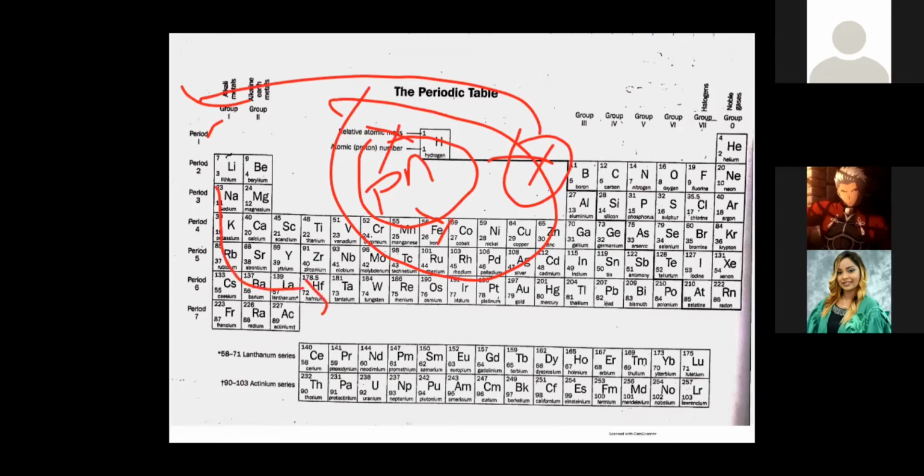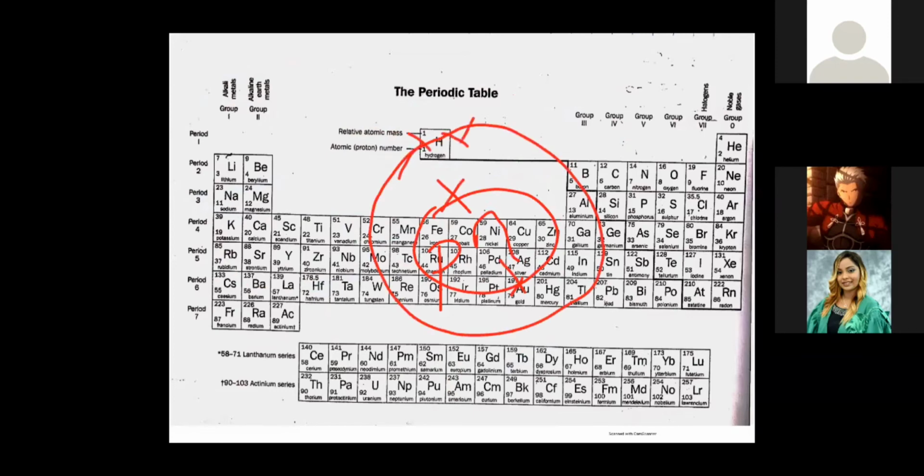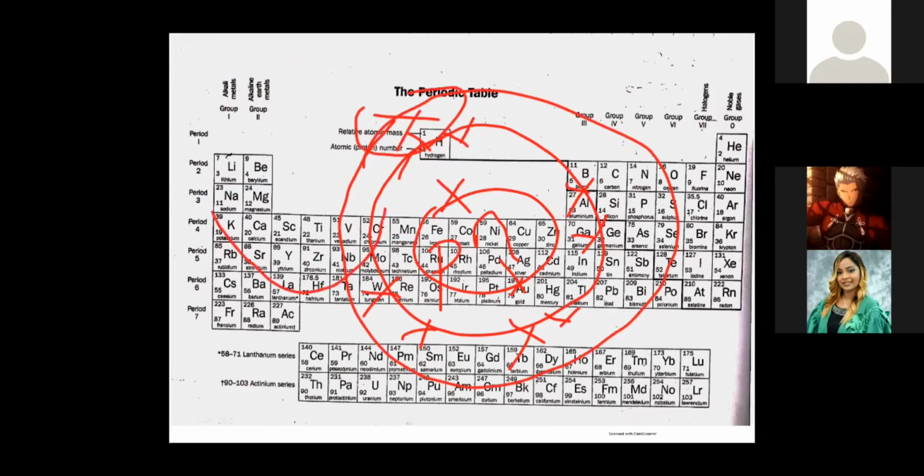Let's draw sodium. P and the N in the center, sodium has 11 electrons. So this is going to be 10, and the last shell here only has 1 electron, which corresponds with the group number, which is 1.